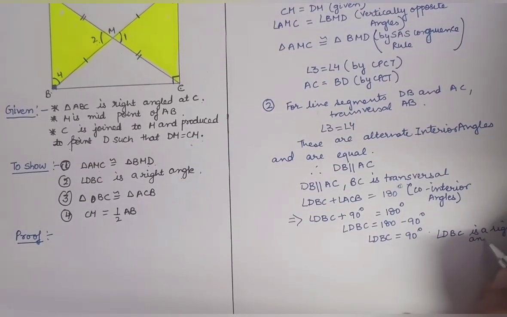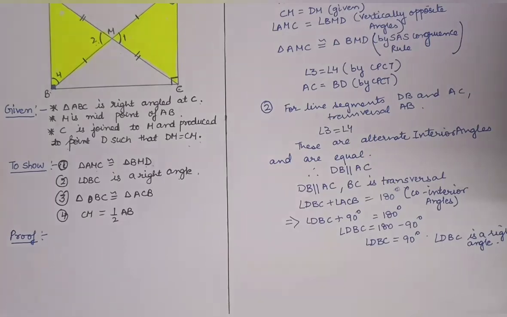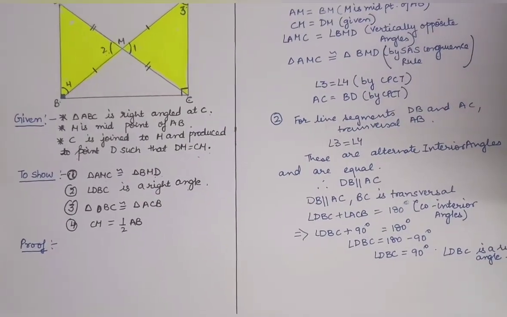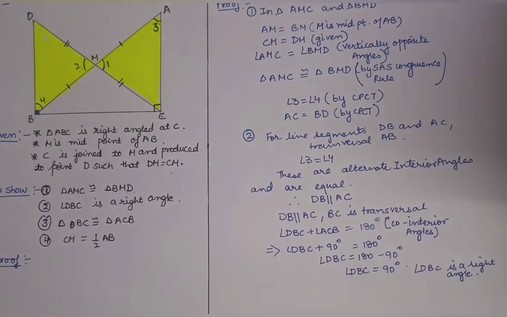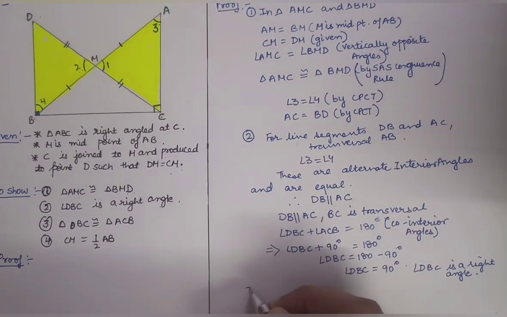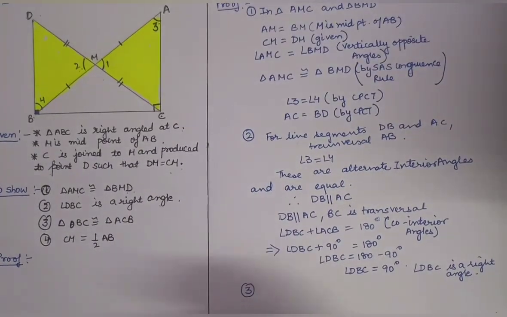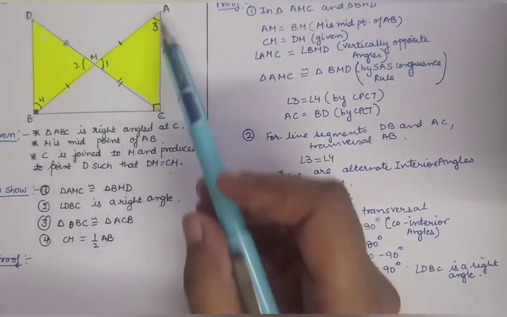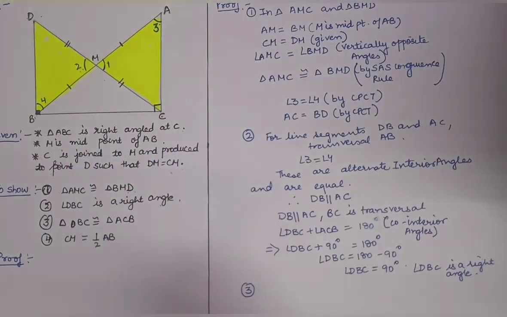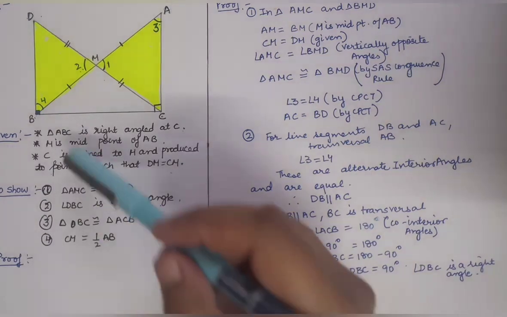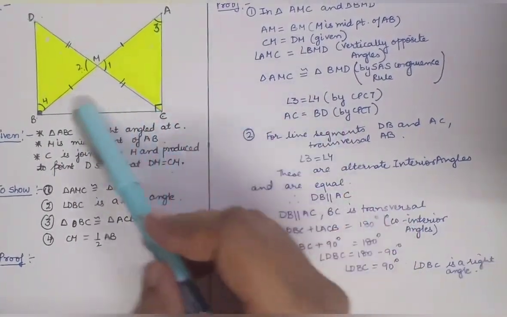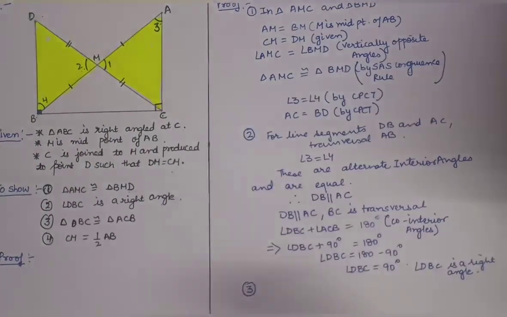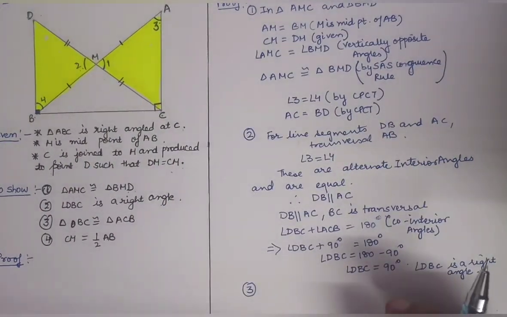Now let us move on to the next part, that is the third part, which says that we are supposed to prove that these two triangles, triangle DBC and triangle ACB, are congruent. When I am talking about DBC, this is the complete triangle and ACB is the other triangle, and we are supposed to find the matching parts.